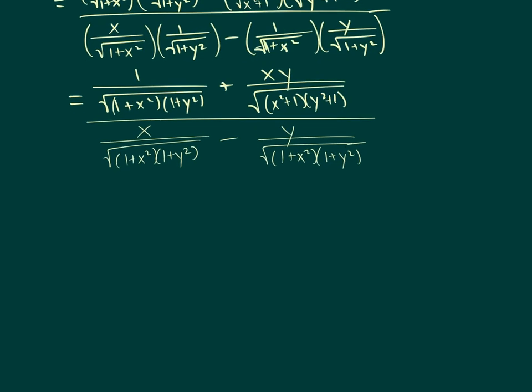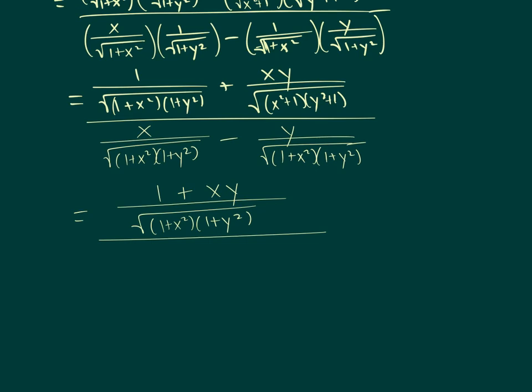Denominators are all the same in each portion of the fraction, numerator and denominator, so I'm just going to combine. So I have 1 plus xy over square root 1 plus x squared 1 plus y squared all over x minus y over square root 1 plus x squared 1 plus y squared.